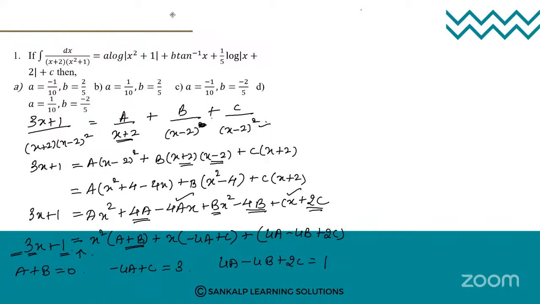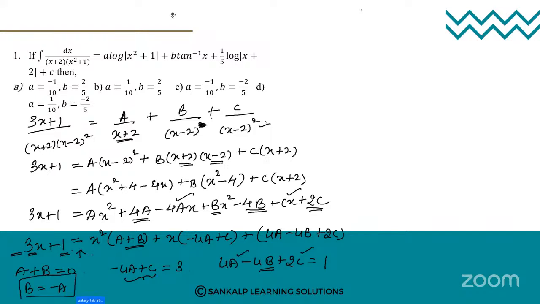Okay, so any doubts still to anyone? Yes, okay. So if you solve these equations, here you can see A minus C you have, so here also A and C are there. Try to find B. From this I'll get B as minus A, correct?